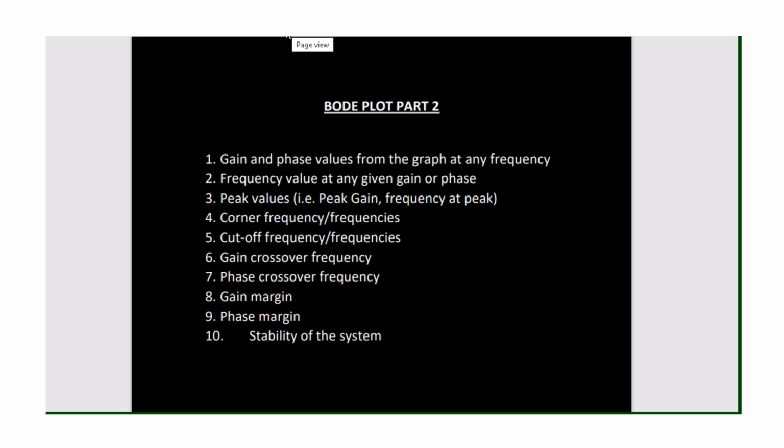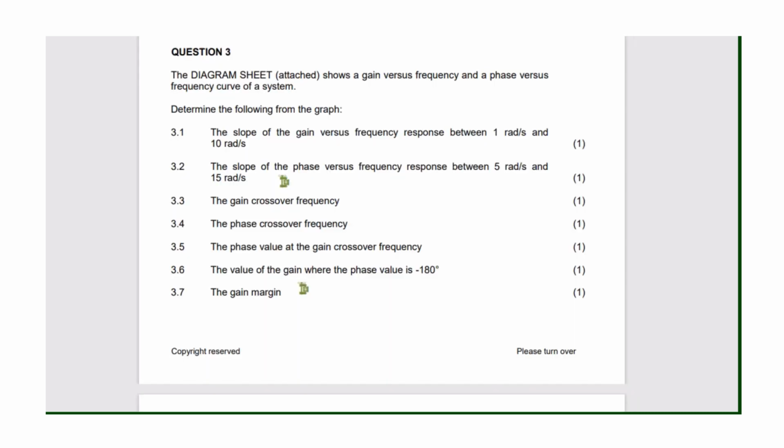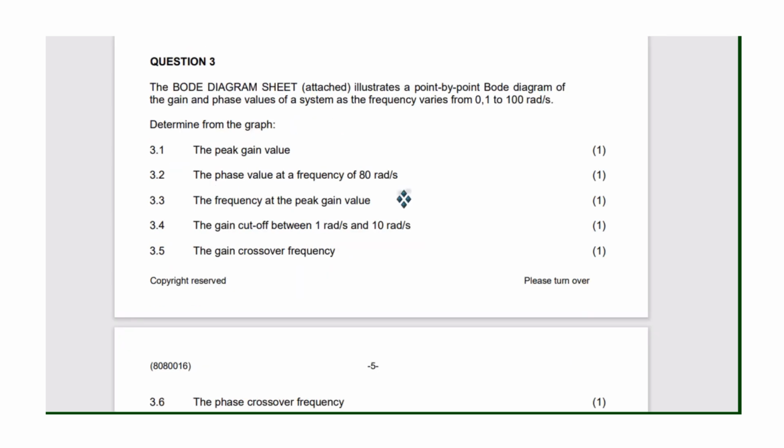So how are our graphs presented? You will see. Remember, your Bode plot is an open loop diagram for gain versus frequency and phase versus frequency. So this is how you find your graphs.